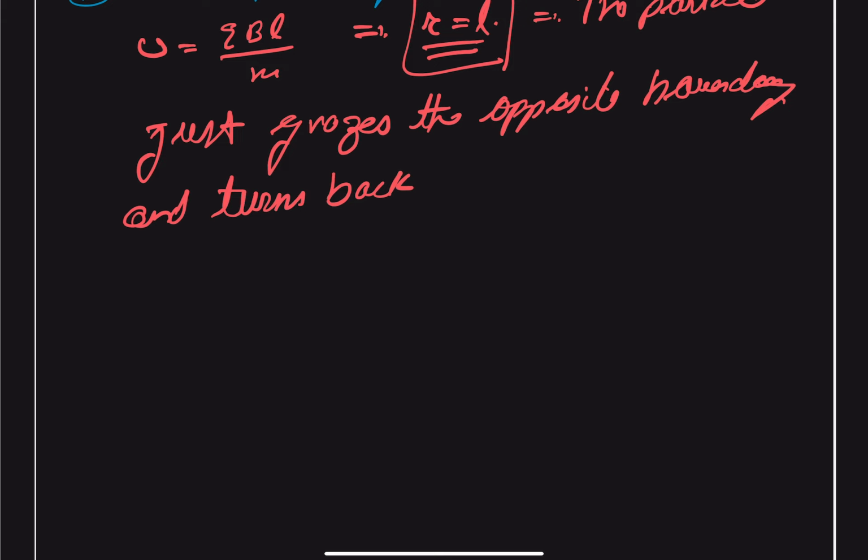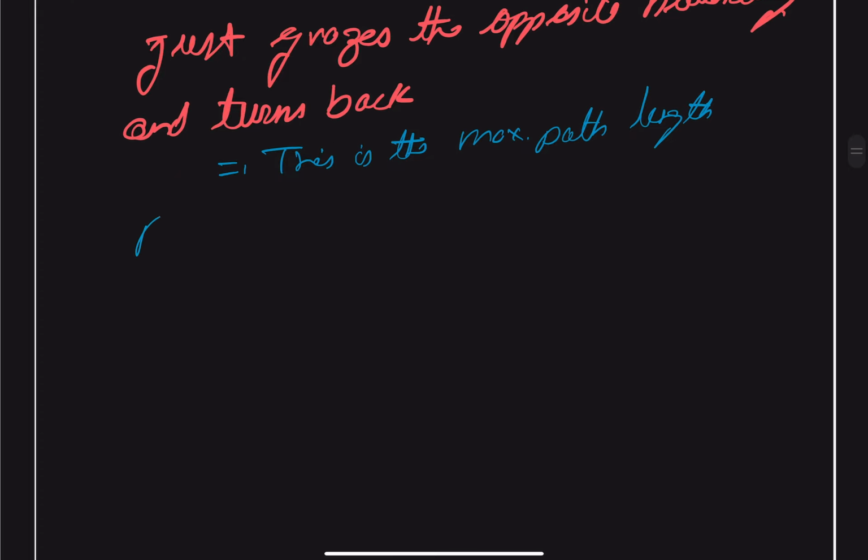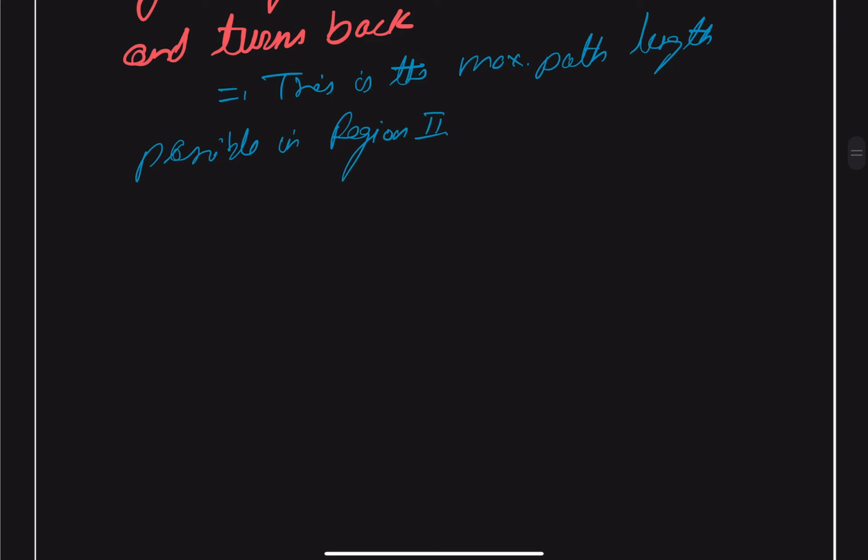So therefore, this is the maximum path length possible in region 2, and we can draw an approximate figure for that also.